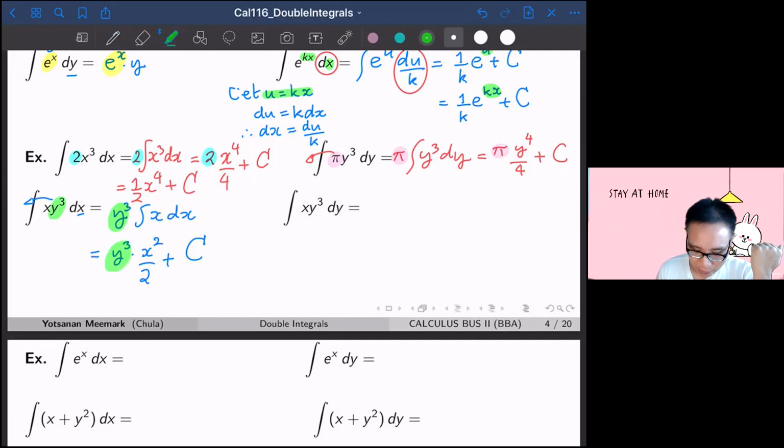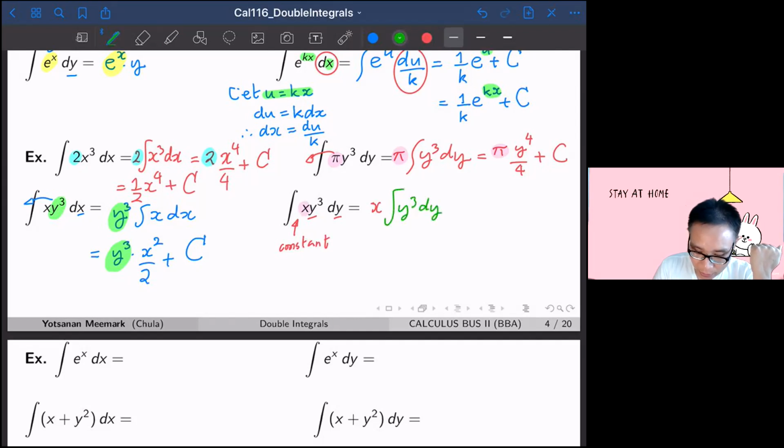The next one, you see that it's going to be integrating the same function, but in this case, you are integrating with respect to y. So your constant turns out to be x. You pull x out, and you just integrate y cubed dy.